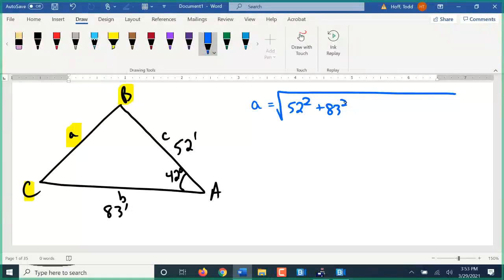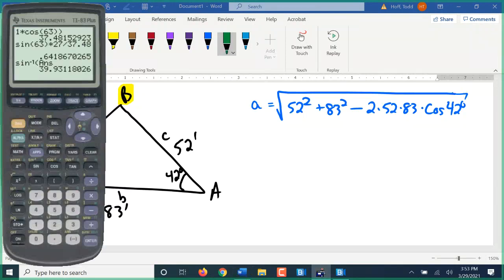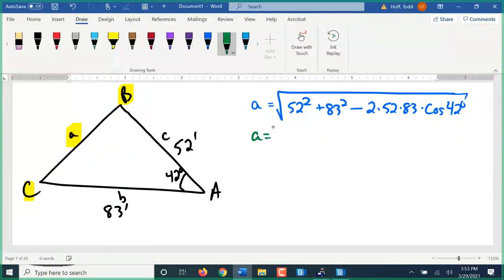And root 82 squared. Cosine of 42. 56.38. Yes. Any questions on how I got that?